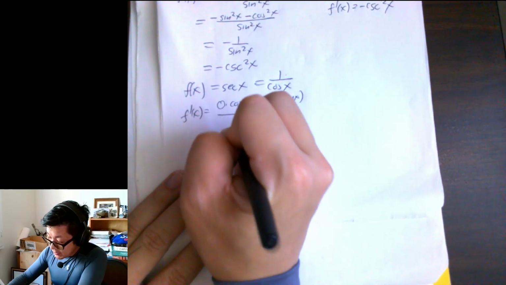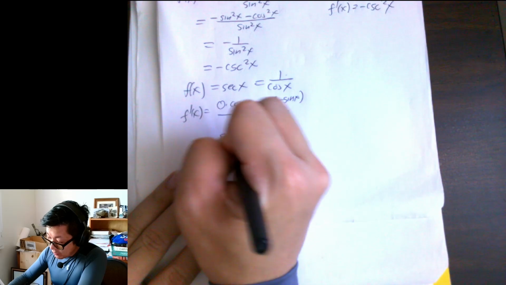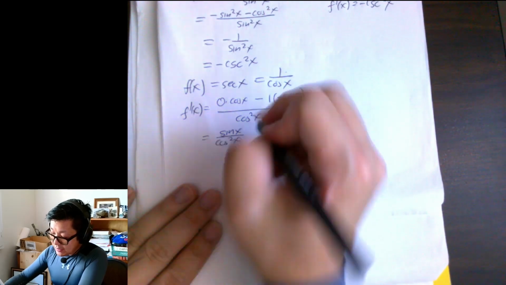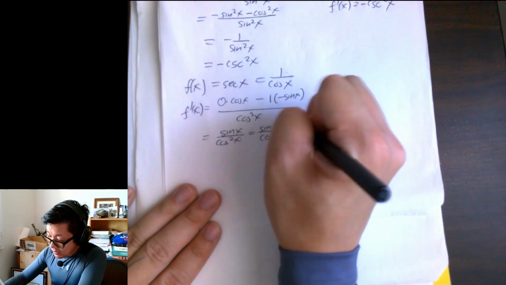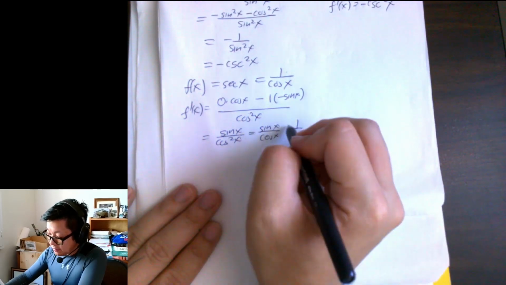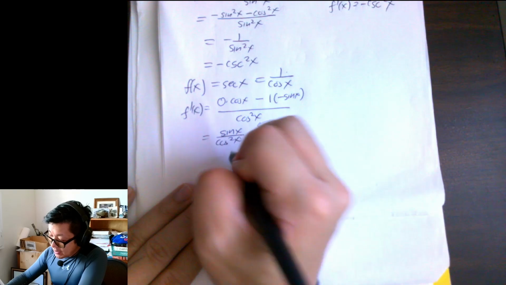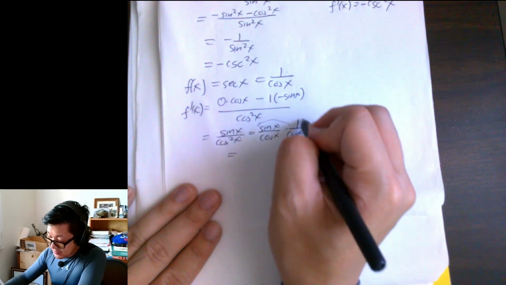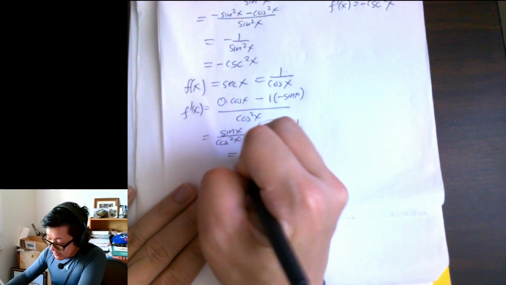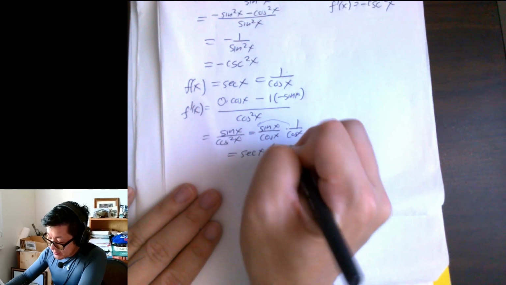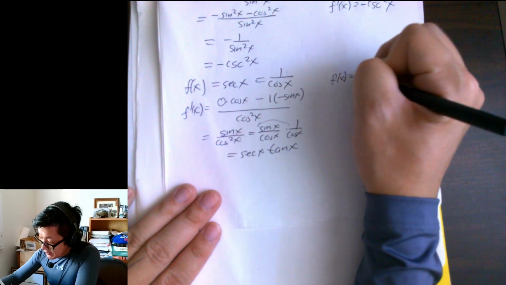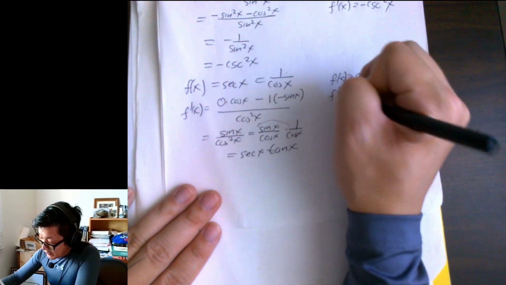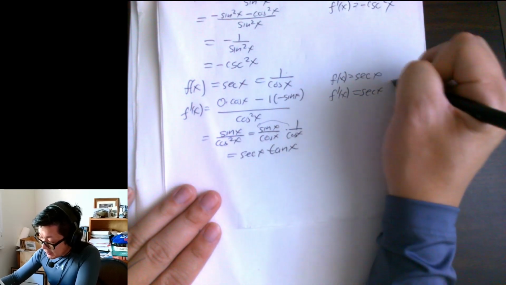We end up with sine x over cosine squared x. That's frequently broken up as sine x over cosine x times 1 over cosine x, or we can put that in front. This will basically be a tangent, this will be a secant, so we write that as secant x tangent x. So again, our function is secant x, the derivative of this is secant x tan x.